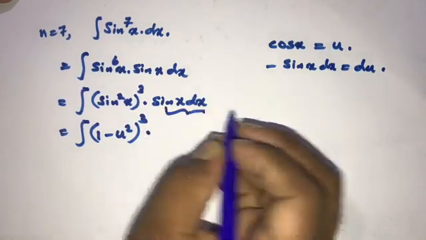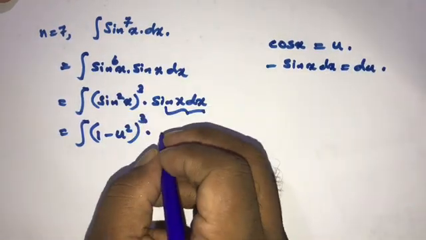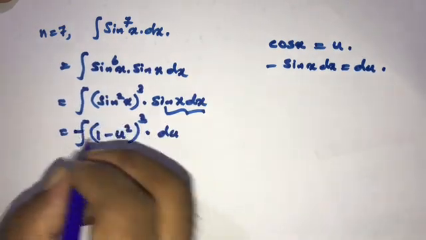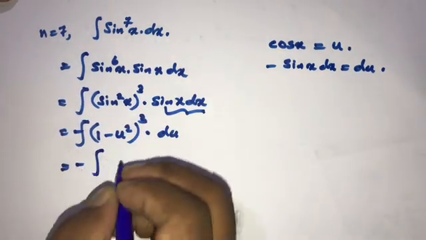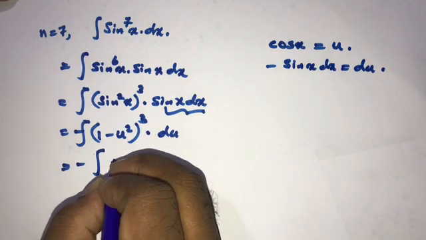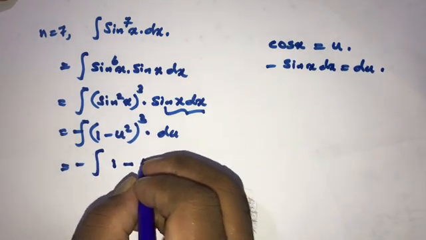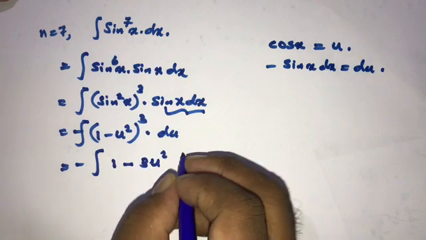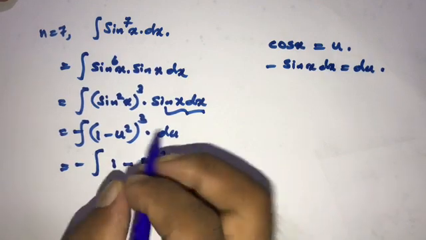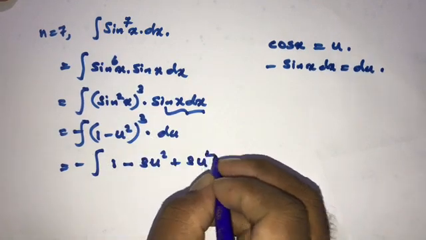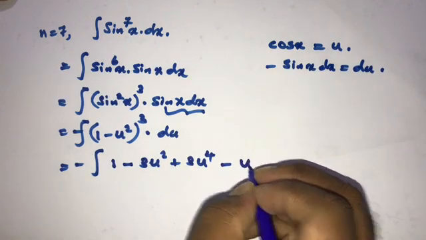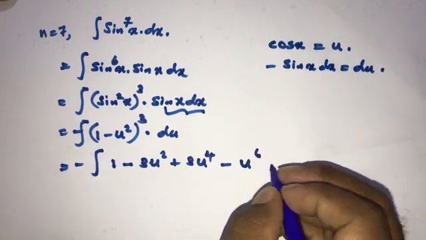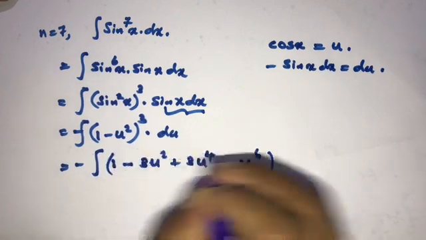Now sine of x dx is equal to minus du, so minus the integral, now simplify this, so minus the integral of 1 minus 3 times u square plus 3 times u to the 4th power and minus u to the 6th power du.